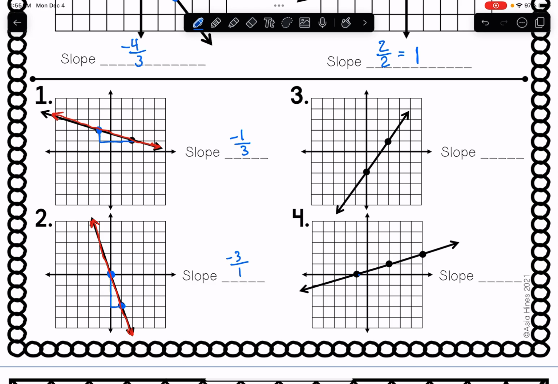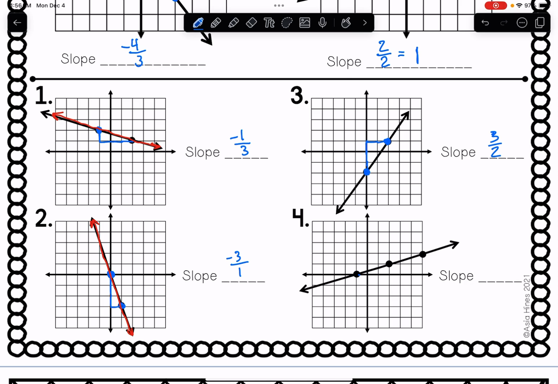All right, number 3, we're starting from left, moving right. So we've got a rise of 1, 2, 3. Rise of 3, run of 1, 2. So that is a slope of 3/2. Now I'm going to show you something a little bit interesting here as well. So number 4, if you have more than 2 points on a line, which ones do I pick to find the slope? Well, let me show you.